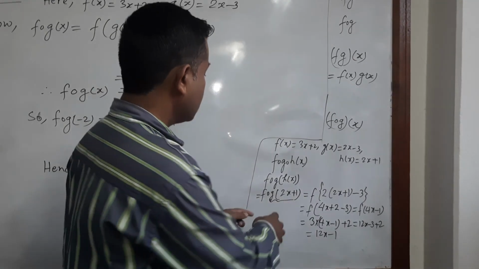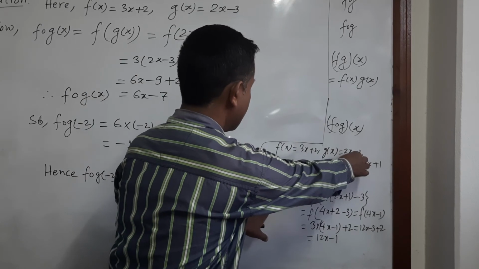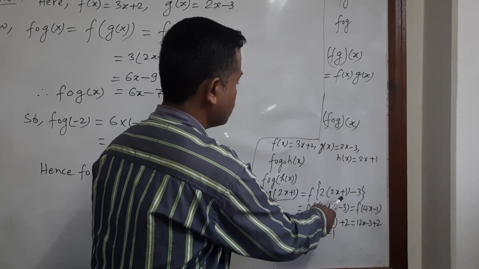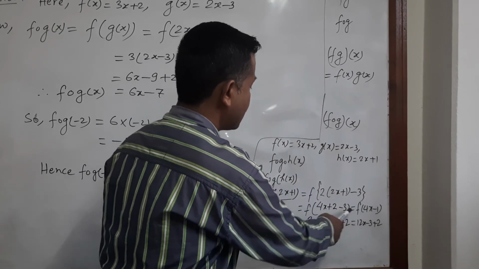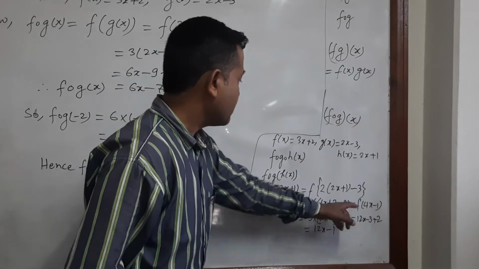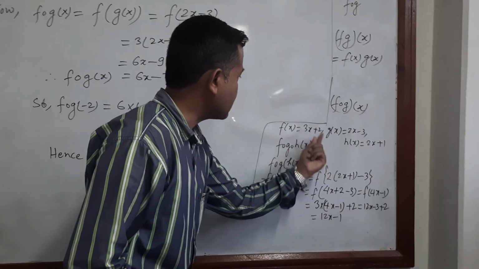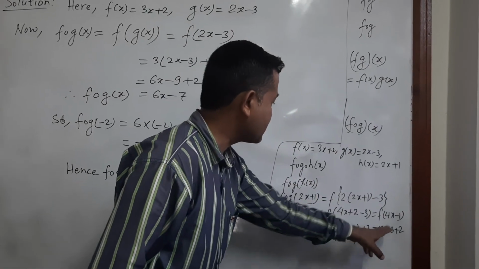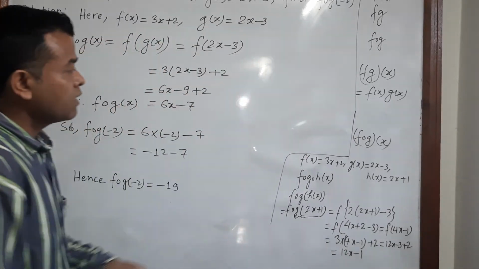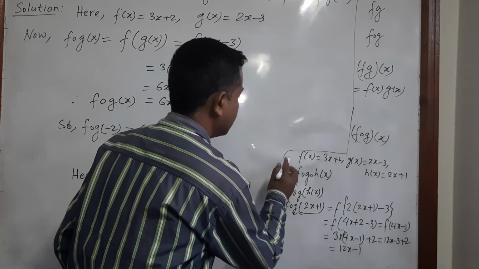So 2 times (2x plus 1) and minus 3 as it is gives 4x plus 2 minus 3, which is 4x minus 1. Again here in place of x we have 4x minus 1, so 3 times (4x minus 1) is 12x minus 3, plus 2, so 12x minus 1.